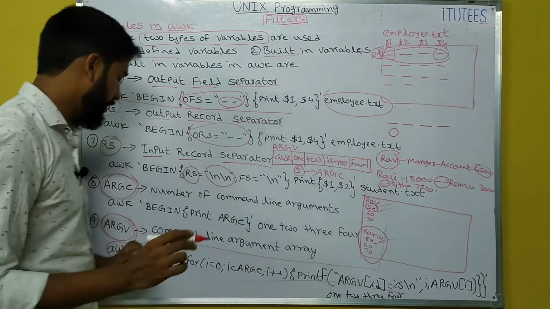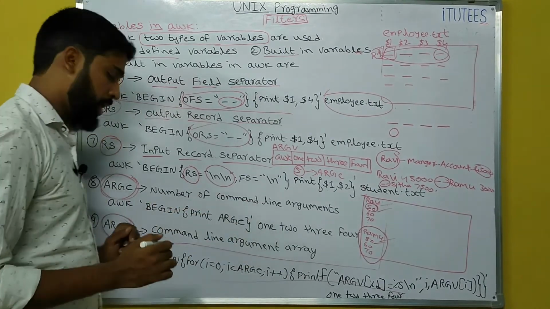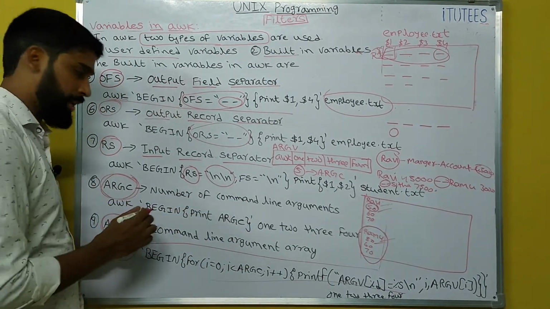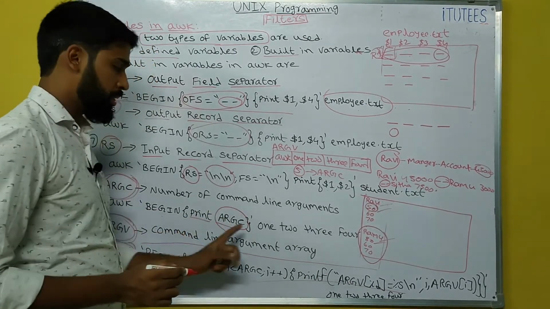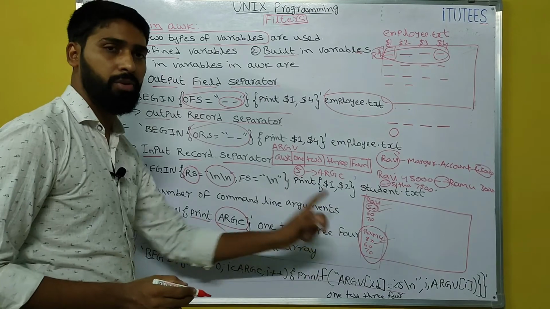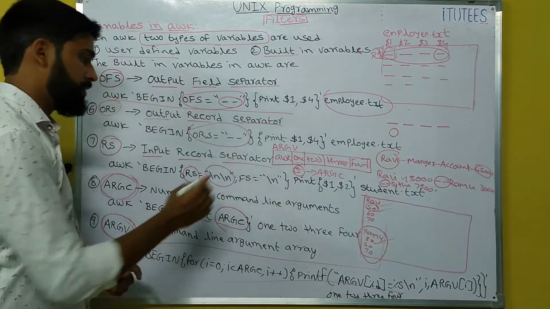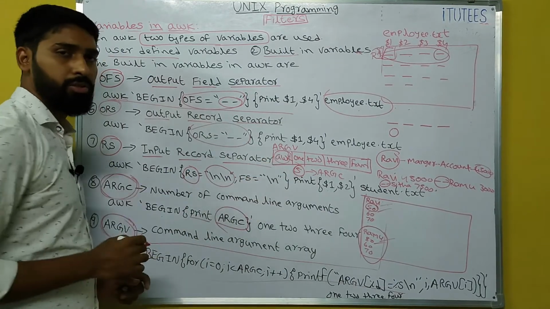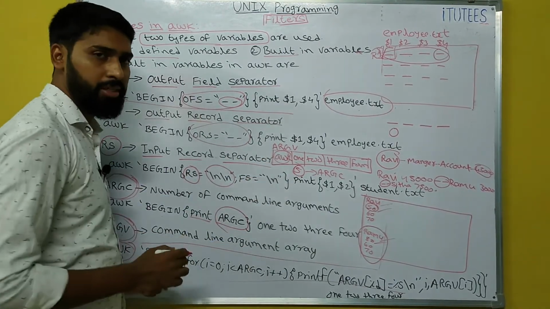ARGC. Now you can see, what is the purpose of ARGC? Number of command line arguments. AWK BEGIN, I print ARGC. How many arguments? 1, 2, 3, 4 command line arguments. So it prints 5 as output. Why? In the first location we store the command. ARGV means the command line arguments array.